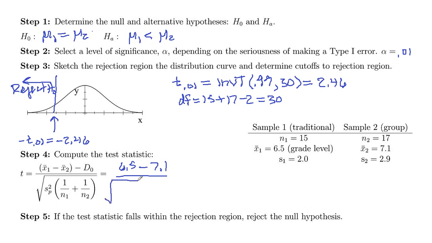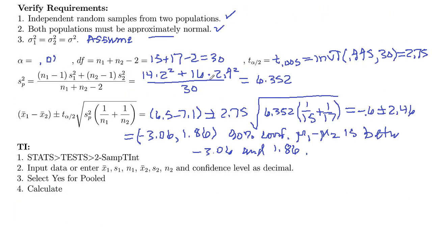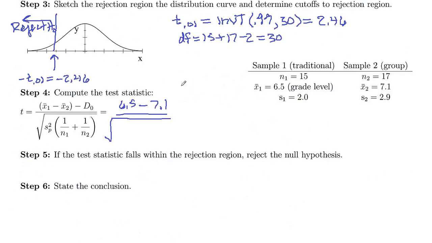So this will be our pooled estimator. That was 6.352. We did that right here, so we don't have to redo that. 6.352, and then the reciprocals were 1/15 plus 1/17. If you key this into the calculator, you'll get negative 0.67 to 2 decimal places. So that would be about right here. That's our t-test, our test statistic.